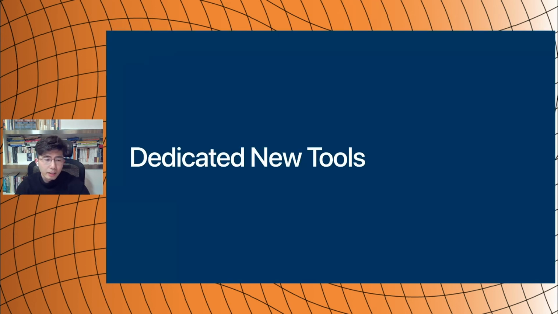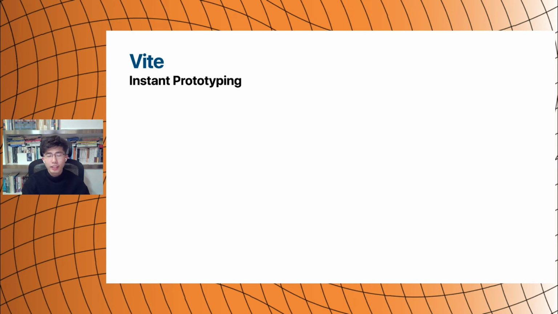Sometimes a feature grows out of the scope of a plugin. Then we might need a dedicated new tool for it. For example, the instant prototyping feature in Vue CLI. In Vue CLI 3 and 4, there are vue serve and vue build commands that are used to develop a single Vue component at any time under any directory.